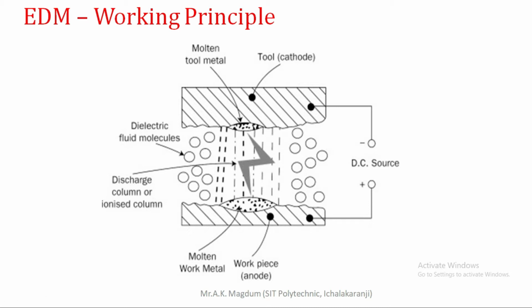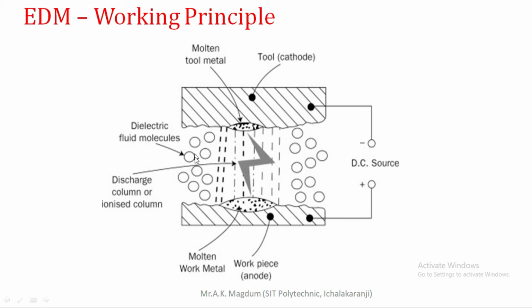If you connect the nodes in reverse, with the positive terminal connected to the tool and the negative terminal connected to the workpiece, then unnecessary extra material or tool wear will take place from the electrode surface. So the basic thing is that the positive terminal is always connected to the workpiece surface, because we want to remove the material from the workpiece itself, not from the electrode. That is the very important thing.